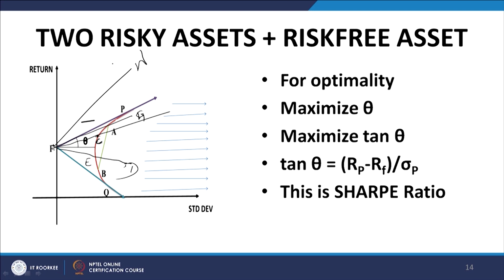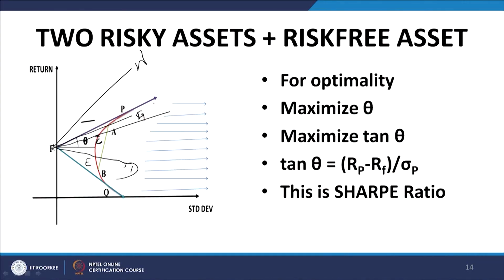Let us say it is a W. FW cannot be optimal. Why? Because there is no feasible portfolio here. So, what is the conclusion? The conclusion is that in order that FP be optimal, or we have that optimality condition met, FP must be tangent to the set of risky portfolios.